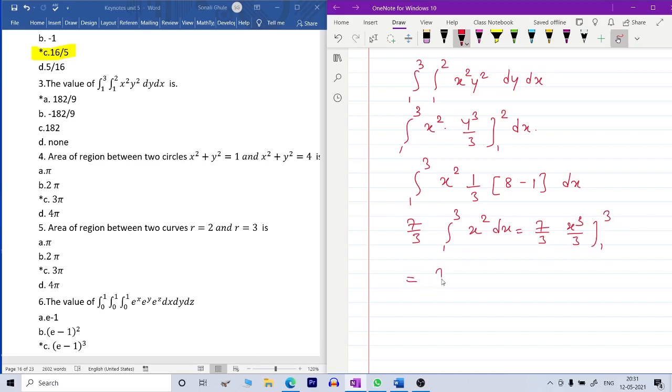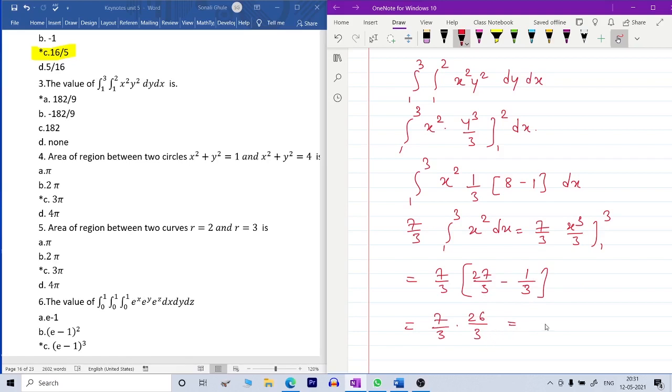So applying the limit, the upper limit 3 raised to 3 is 27 upon 3, minus 1 raised to 3, that is 1 by 3. So we get here 7 by 3 into 27 minus 1, 26 by 3. Because the denominator is the same, we can do the subtraction of the numerators.